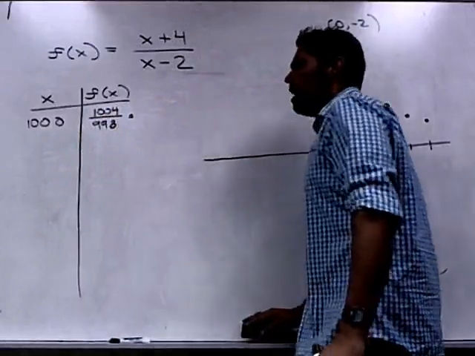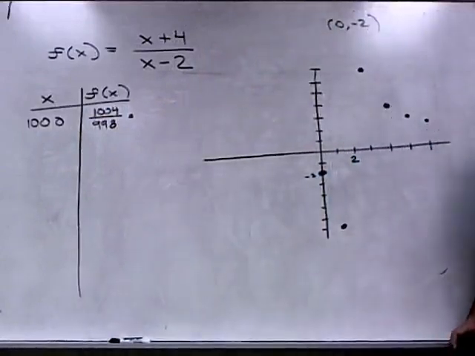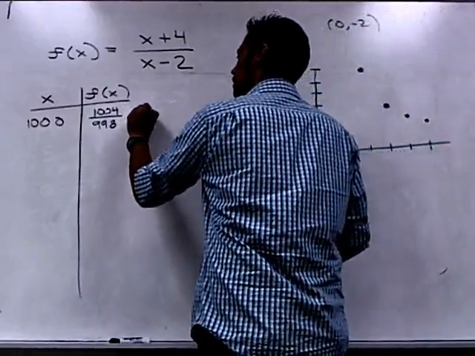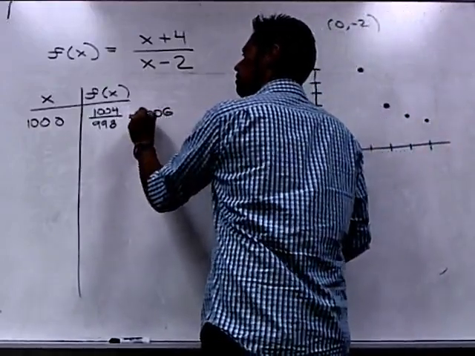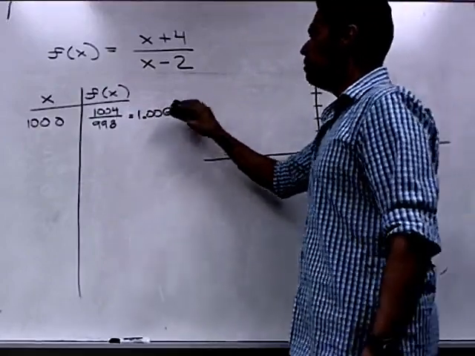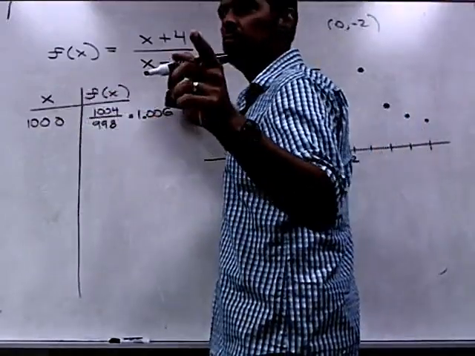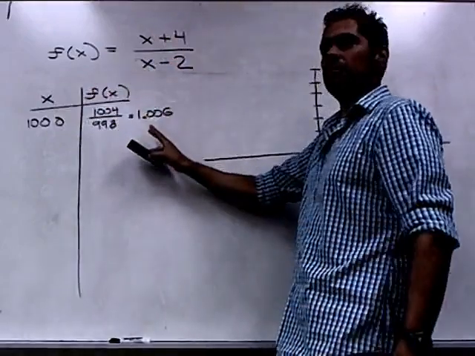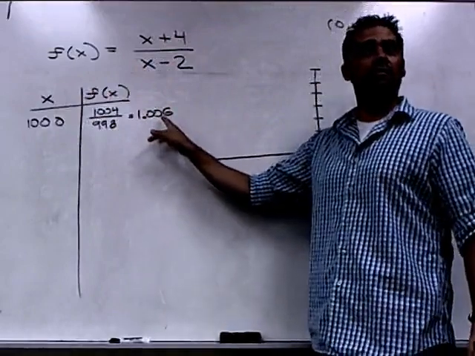Get your calculator and do 1,004 divided by 998. Tell me what you get. 1.006, and there are more numbers, but is that good enough? That's really close to 1, isn't it?